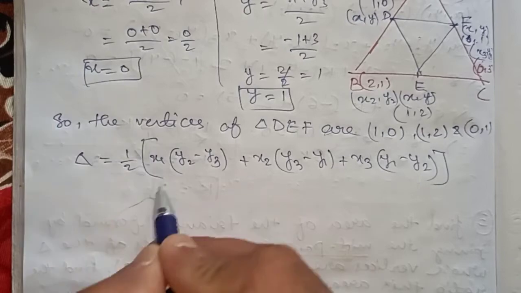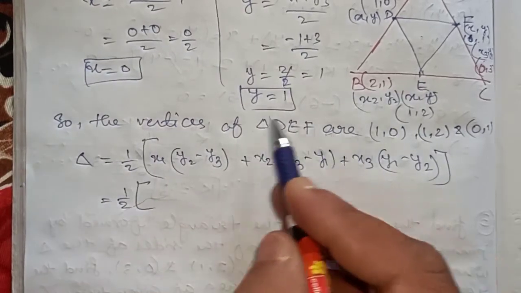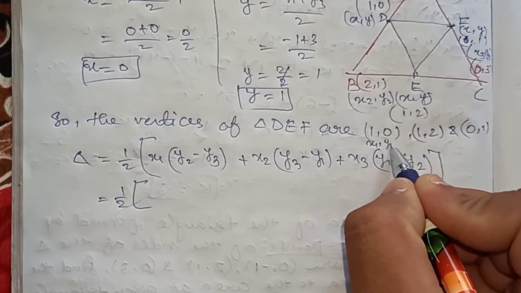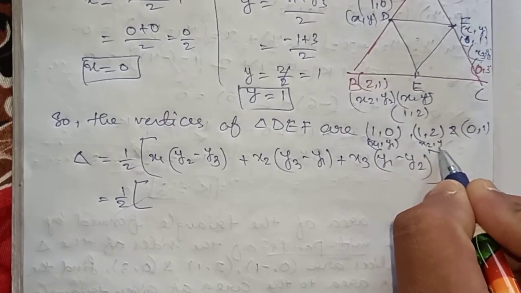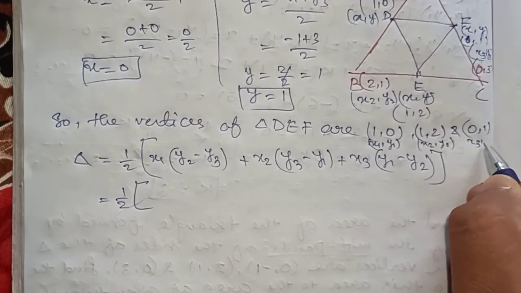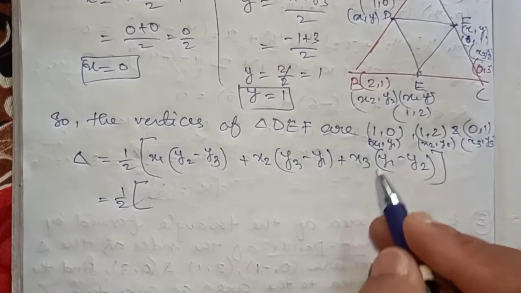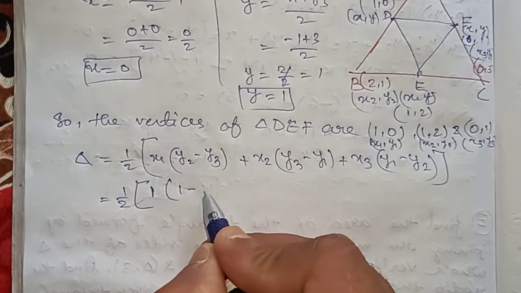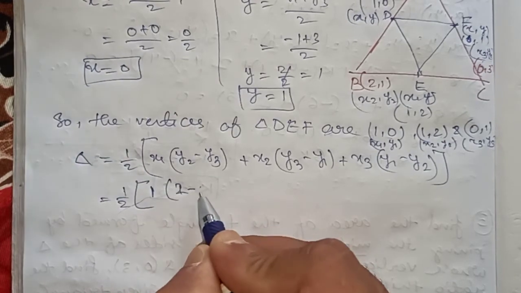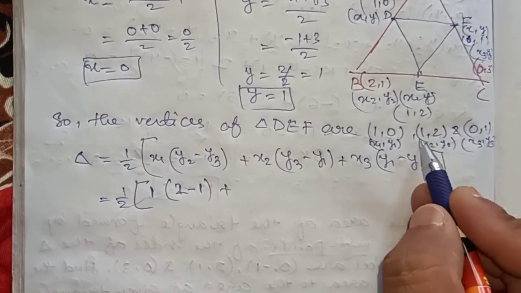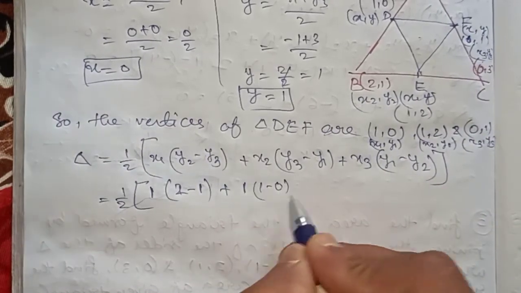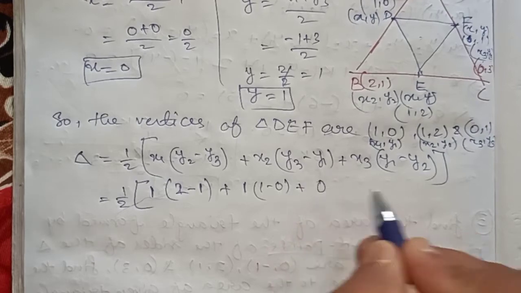We will substitute the values. x1 is 1, y2 minus y3 is 2 minus 1, plus x2 is 1, y3 minus y1 is 1 minus 0, plus x3 is 0.